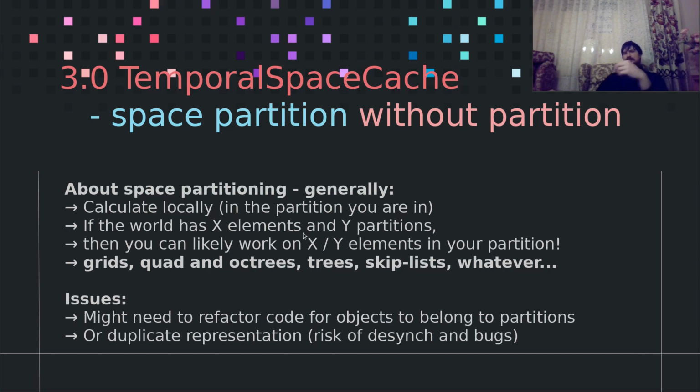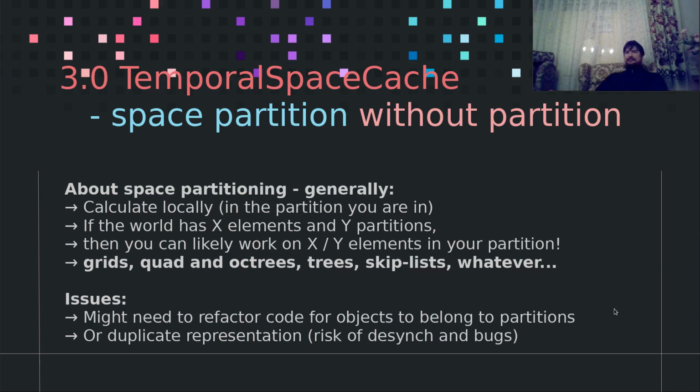And if you have x elements and y partitions, then likely, and of course this expects random distribution, like in many cases we will expect in this talk, x per y elements will be in your little partition, if you partition the space into little cubes or spheres or whatever. So this is basically grids, quad and oct trees, other kinds of trees, skip lists, whatever trickery.